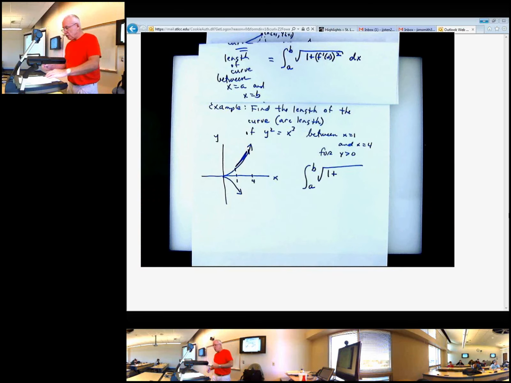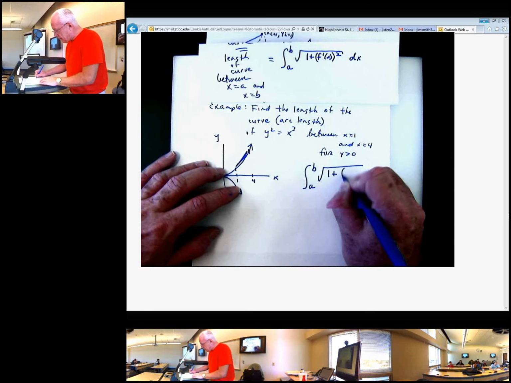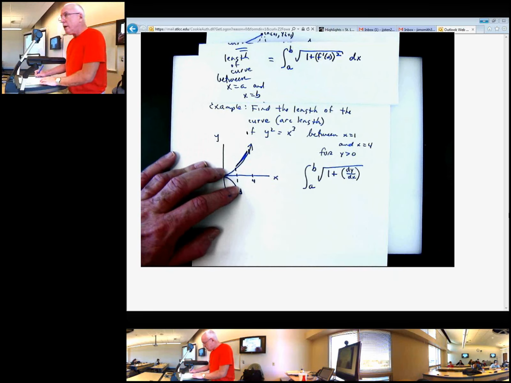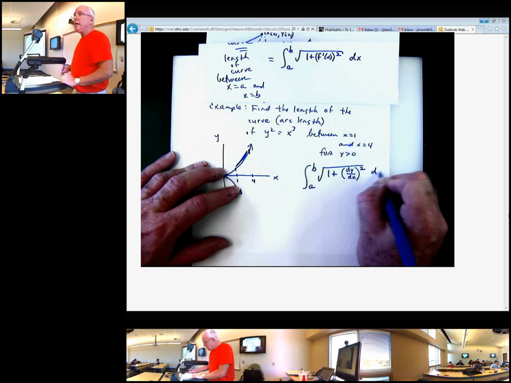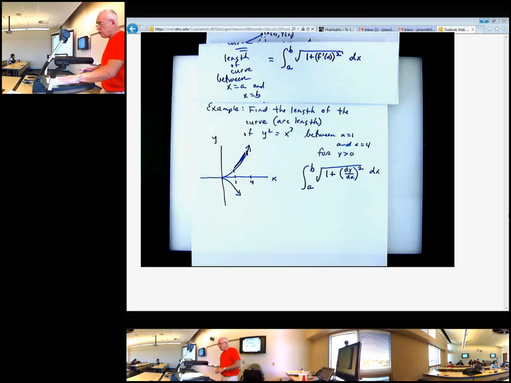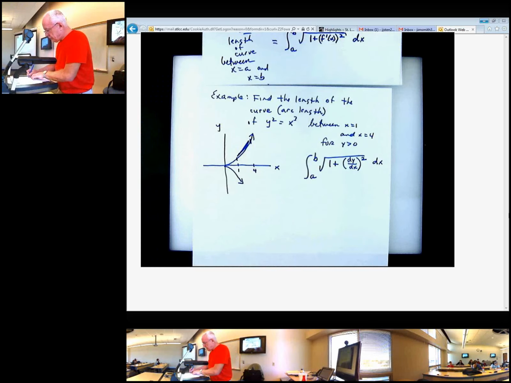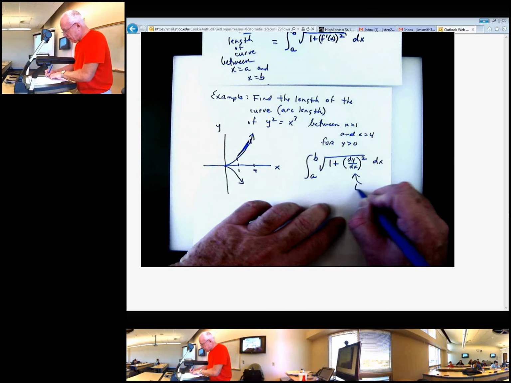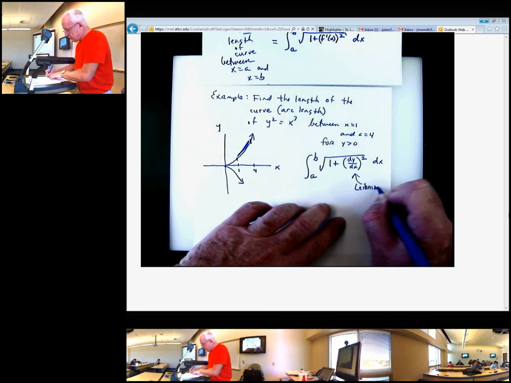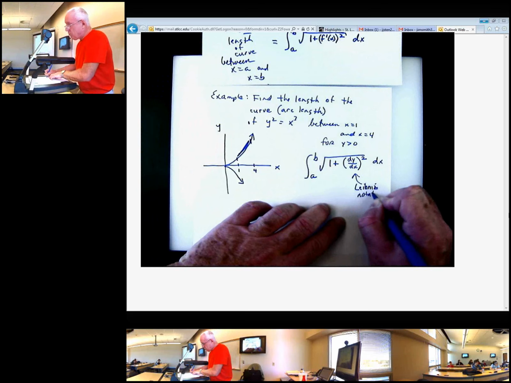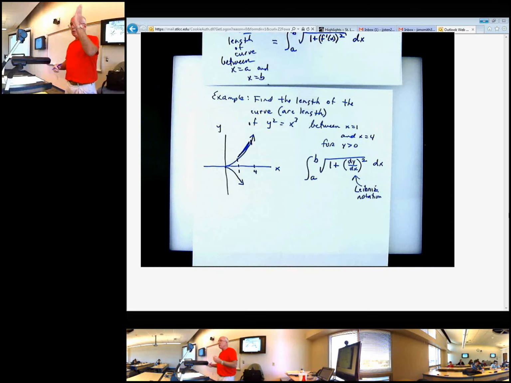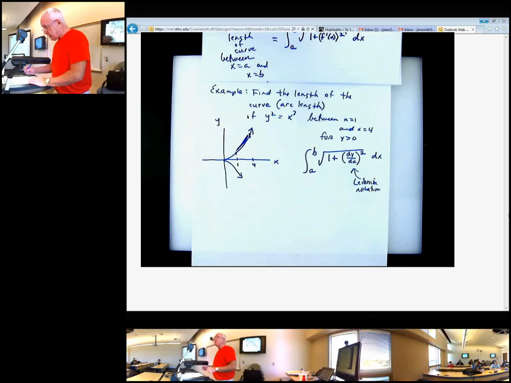So this is just another way of writing the very same thing, changing what is called Leibniz notation, if you're interested in that. We can represent a derivative one of two ways, with the prime or with dy dx. So the first thing we need to get here is dy dx.